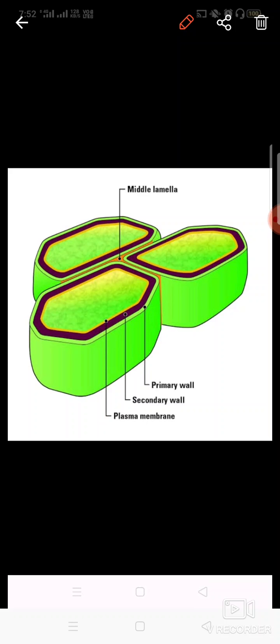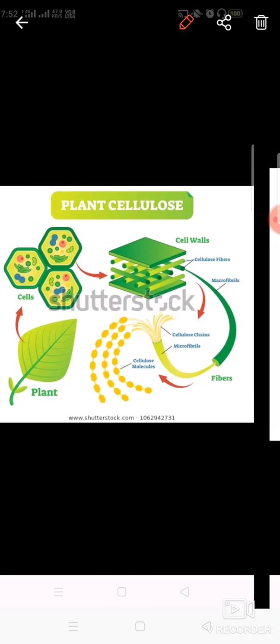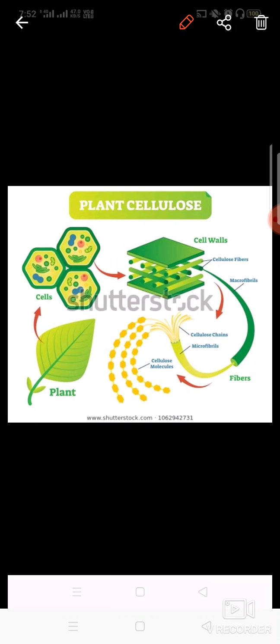The cell wall is made up of primary wall and secondary wall, and these are basically secretions of the plasma membrane. Basically the cell wall is made up of cellulose fibers, which are made up of much smaller cellulose chains. If we see the enlarged view of the plant cell wall, we will find that three layers are present: middle lamella, primary cell wall, and secondary cell wall.